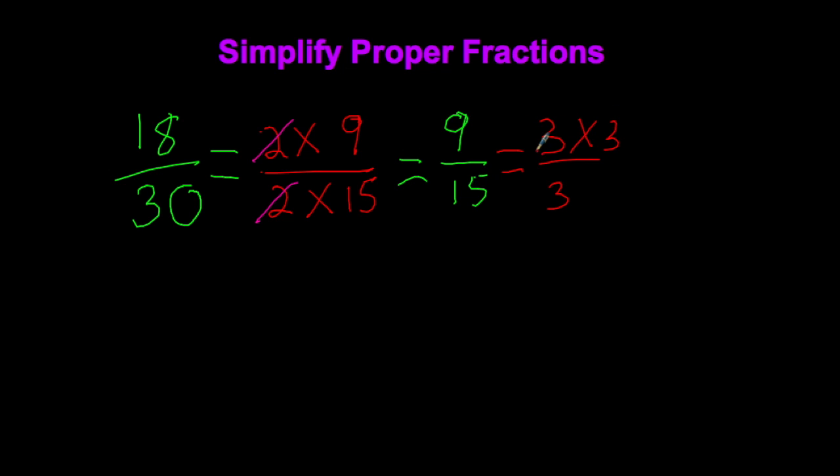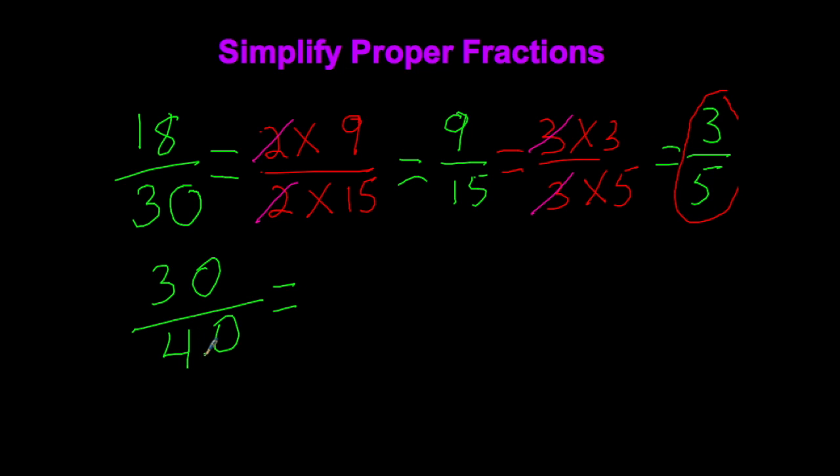Another 3. 3 times 3 is 9. What number you multiply by 3 to get 15? That's 5. So you have a common 3 between the numerator and the denominator. Those can be cancelled out. What you're left with is 3 over 5. And 3 over 5 cannot be simplified further. So that's your simplest form.